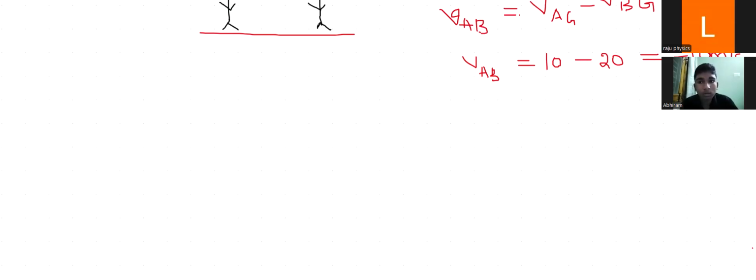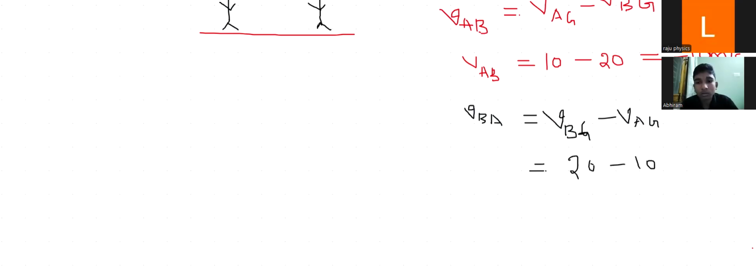So the formula is the velocity of B with respect to the ground minus that of A with respect to the ground. Here the speed of B is 20, the speed of A is 10. Now you will get 10 meters per second.